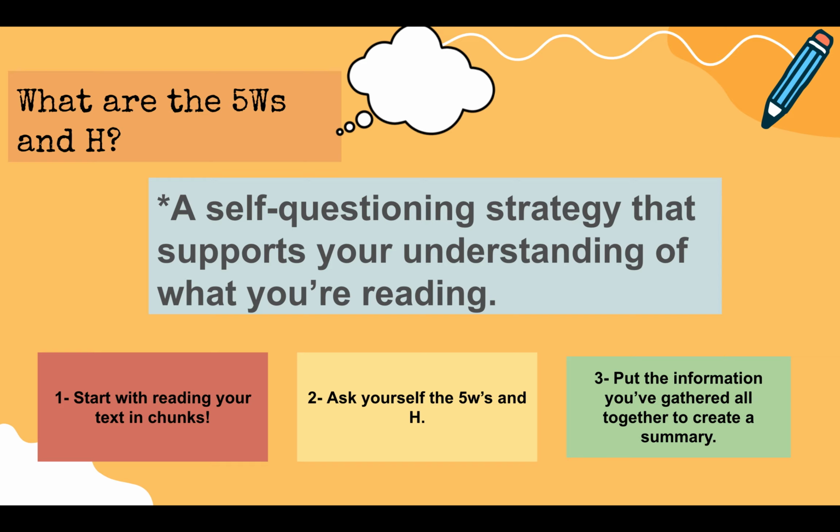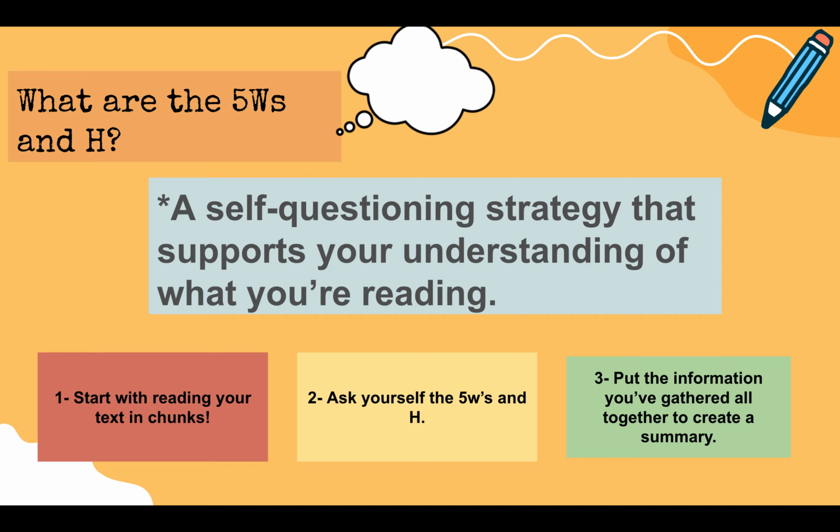In order to use the 5 W's and an H strategy effectively, you need to do 3 things. The first one is to start reading your text in chunks. Reading your text in small parts helps you understand and process information better than reading the whole thing all at once.